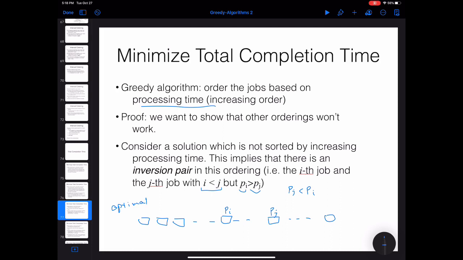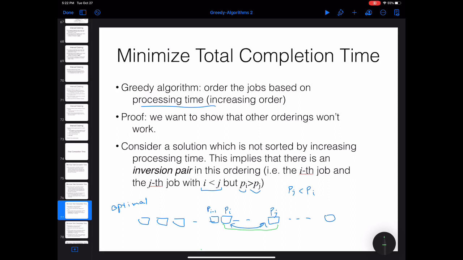I'm claiming that if you change the order of these two jobs in your optimal answer, you get a better answer. I'm going to focus on all the jobs between PI and PJ, and I'm claiming that by swapping PI and PJ, you can get a better answer.